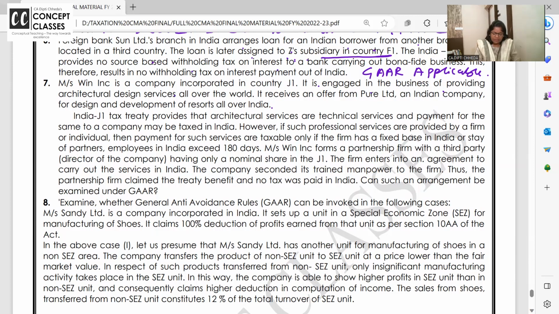ये country कहाँ से है? J1. Tax treaty provides that architectural services are technical services and payment of same to a company may be taxed in India.